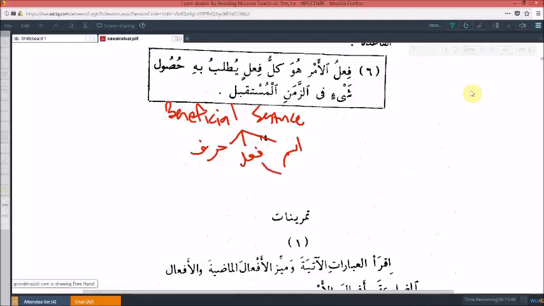The madi, the past tense, the mudari', the present tense, or the future as well, and the amr, which is the command. So something to be done in the future.